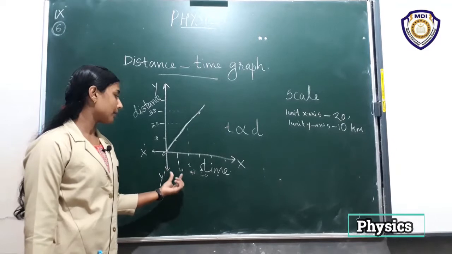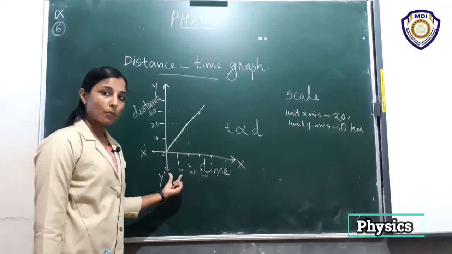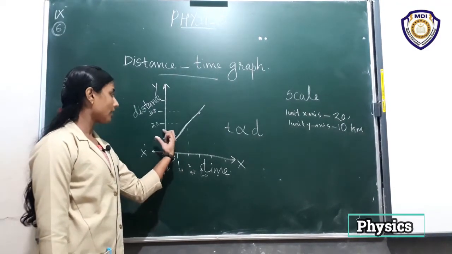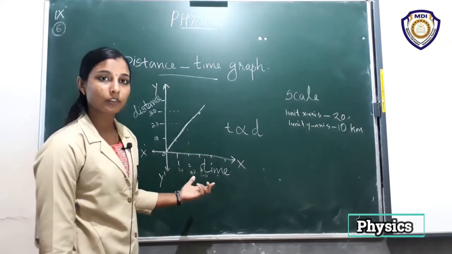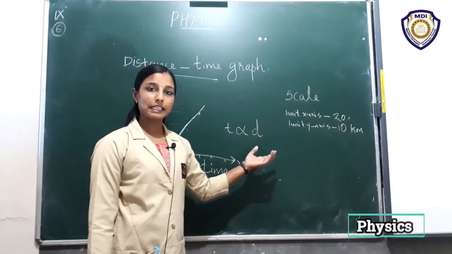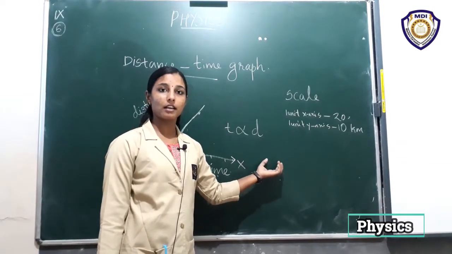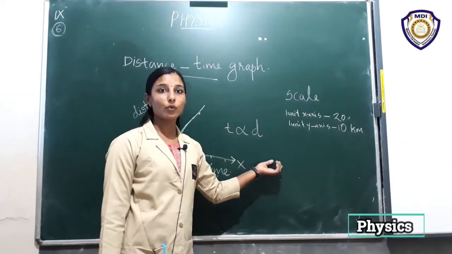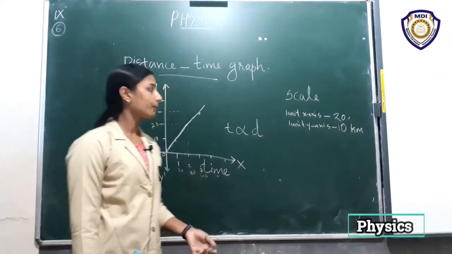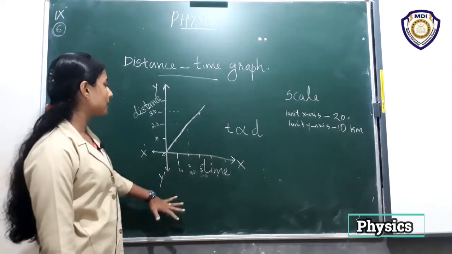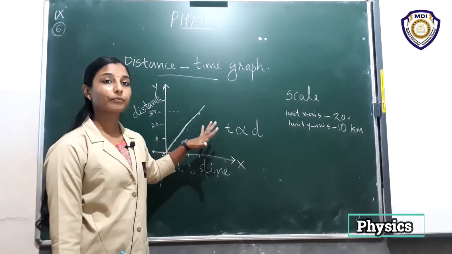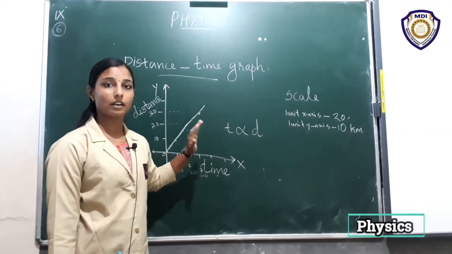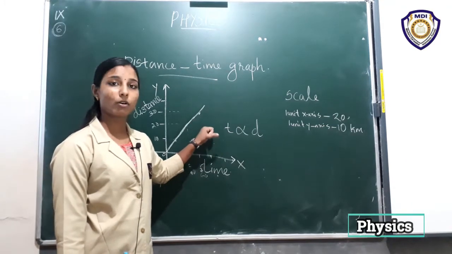That means the object travels equal distance in equal intervals of time. That is the uniform speed. The object is said to be in uniform speed, right? So this distance time graph tells the object is at uniform speed.